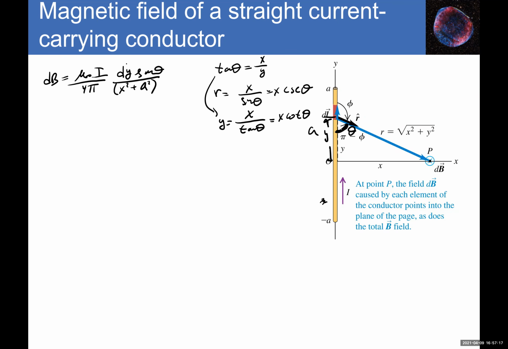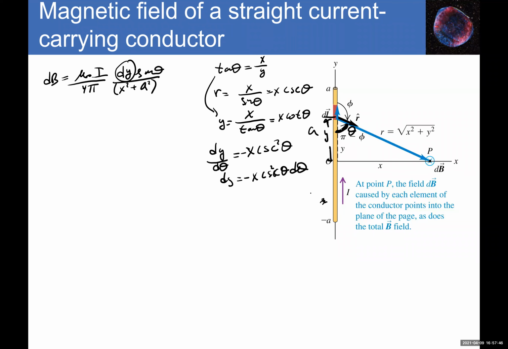Then what I do here is, see over there, I have dy. So I can take dy and take the derivative of that with respect to theta. So dy d theta becomes negative x cosecant squared theta. That means dy is equal to negative x cosecant squared theta d theta.